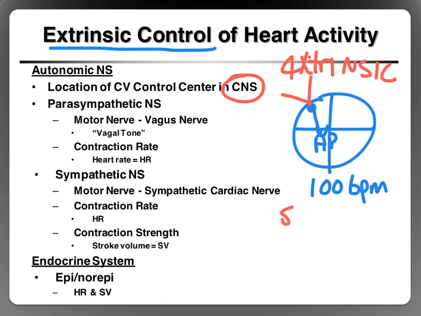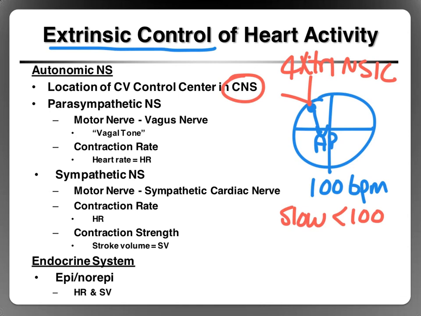If it slows down, then the heart rate's going to be less than 100. So right now you're probably sitting, resting, fairly relaxed, and your heartbeat is under 100 beats per minute. That's telling you that the central nervous system is telling your SA node to slow down.